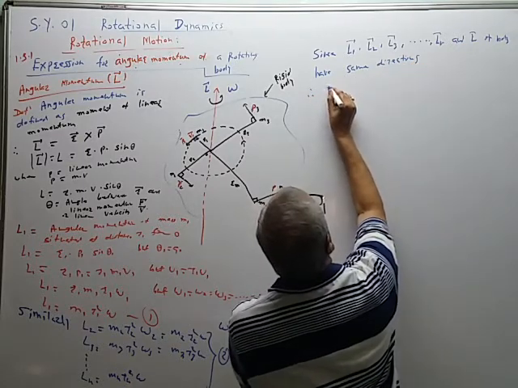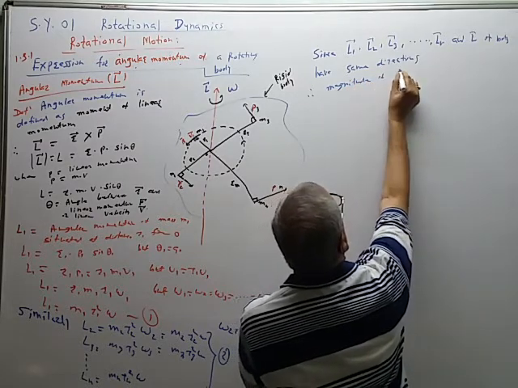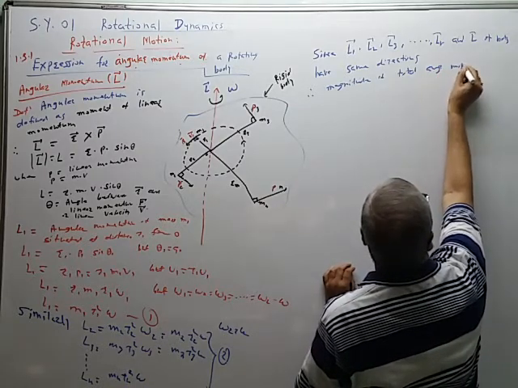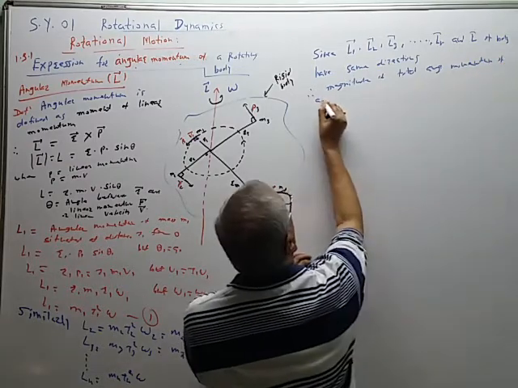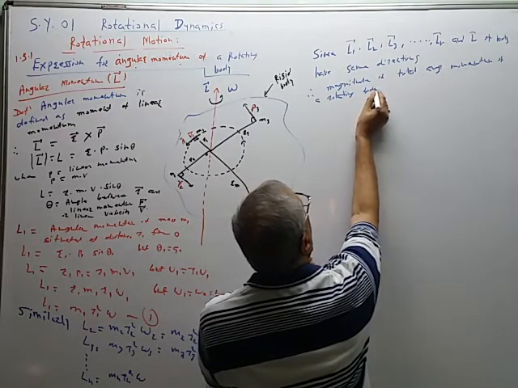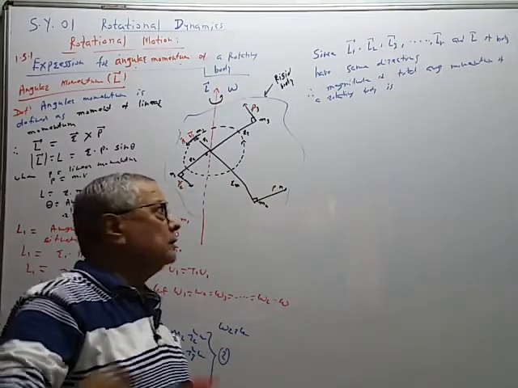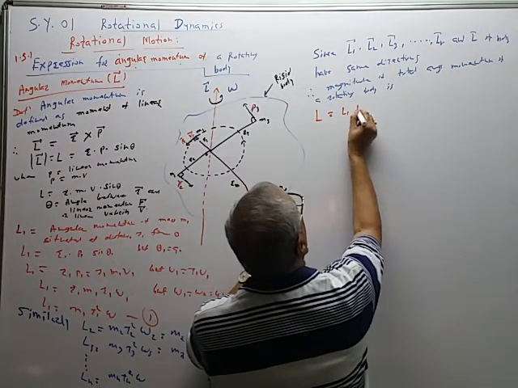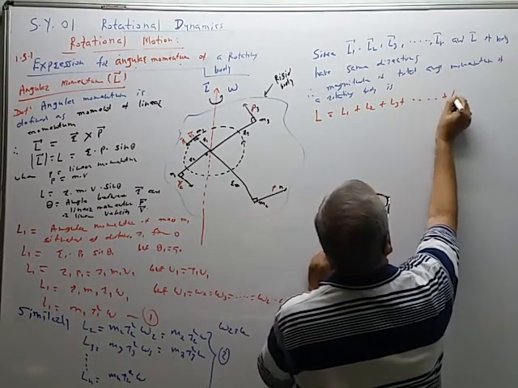therefore the magnitude of the total angular momentum of a rotating body is L is equal to L1 plus L2 plus L3 plus Ln.